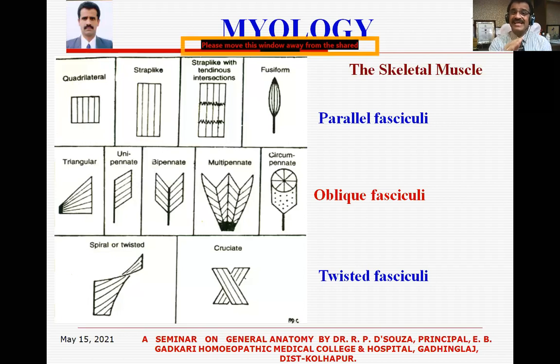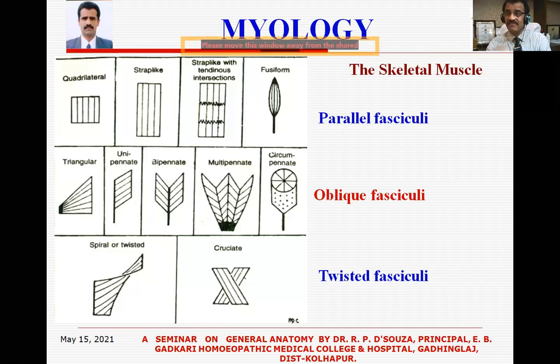Strap-like with tendinous intersections, you will get on the anterior abdominal wall. The external abdominis obliquus muscle will give you the tendinous intersection. You can see the tendon. And a fusiform muscle, biceps brachii is in the shape of a fusiform. Then there is the digastric muscle, which is also fusiform. So these are the shapes of the muscles depending upon the fasciculi direction.